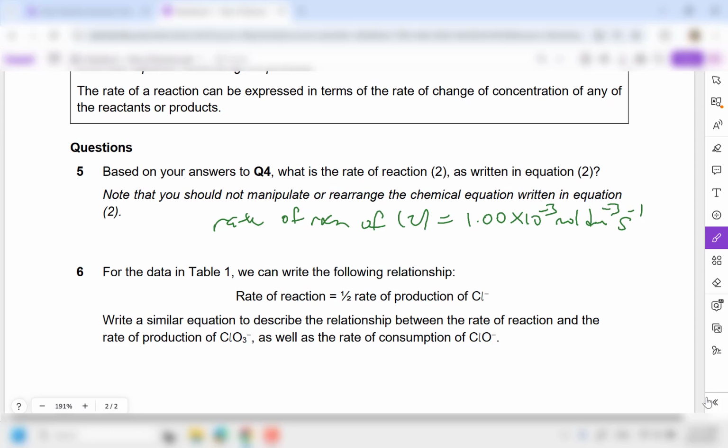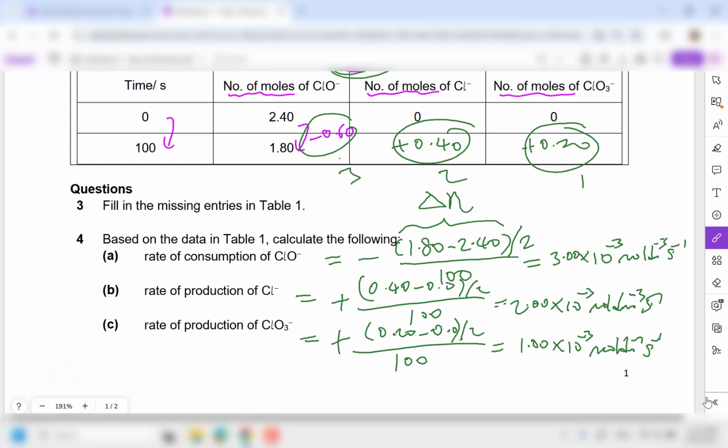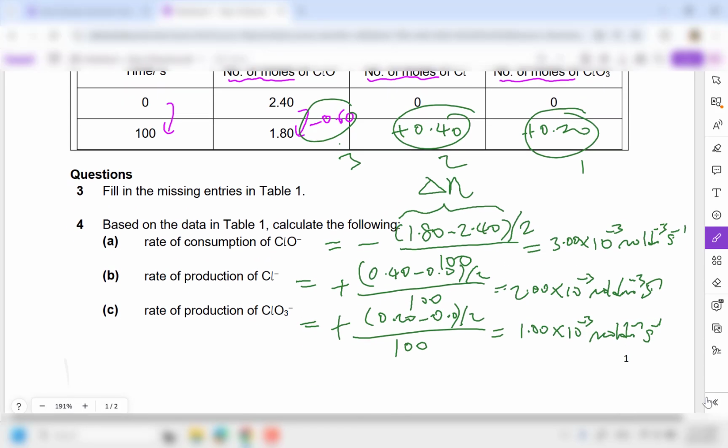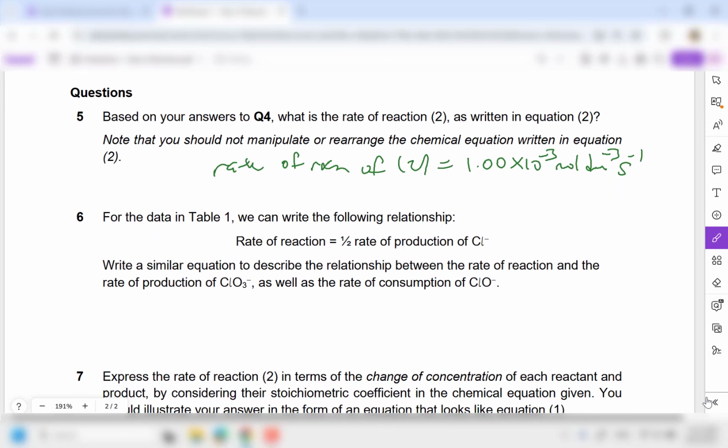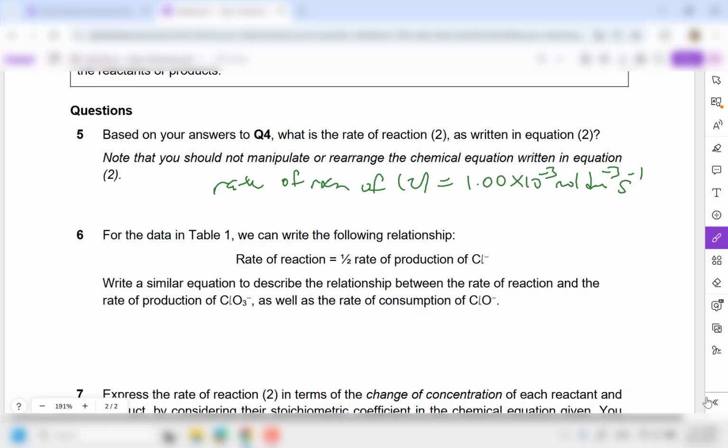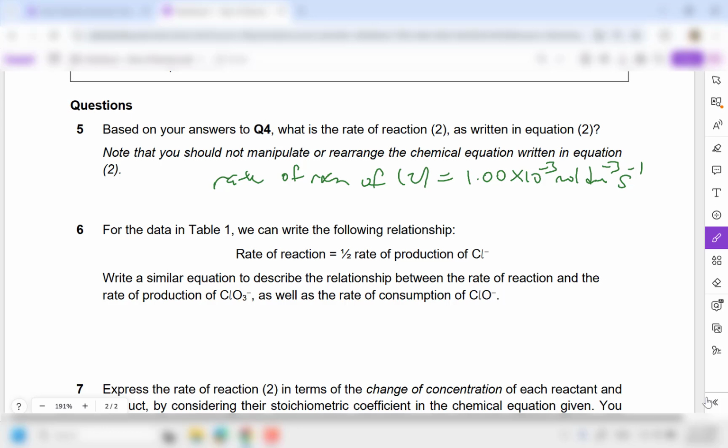For the data in table 1, you can write the following relationship. That's table 1 over here. You notice that there is a ratio of 1 to 2 to 3. The rate of reaction is half the rate of production of chloride. Write a similar equation to describe the relationship between the rate of reaction and the rate of production of chlorate 5, as well as the rate of consumption of chlorate 1.